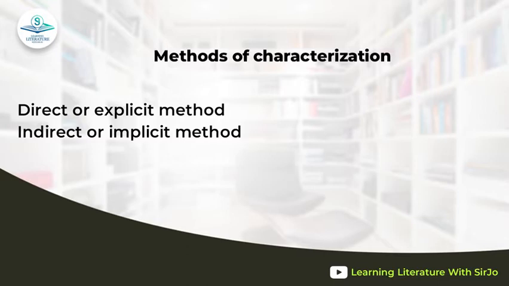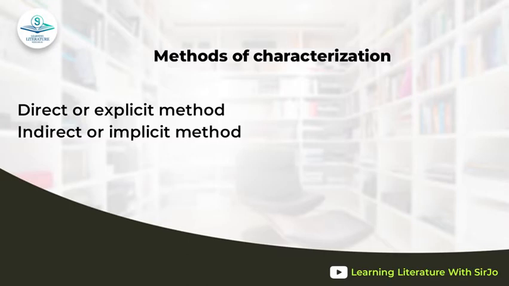That is, the writer tells us who a character is, and the indirect method, which is the implicit method, is also known as the dramatic way of showing who a character is. So, the direct is the telling and the indirect is the showing.